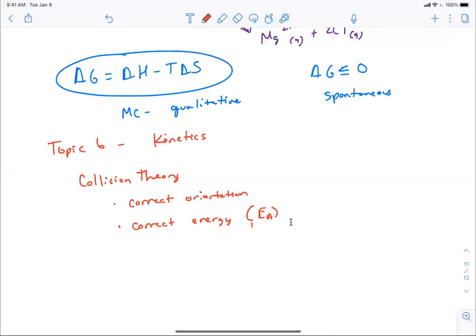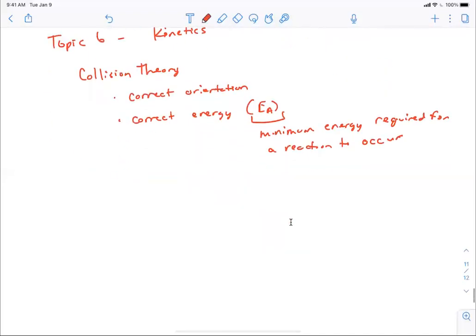Okay, and activation energy is, like we said, minimum energy required for a reaction to occur. And collision theory, these 2 bullet points are what you explain when you talk about why factors affect the rate of reaction.